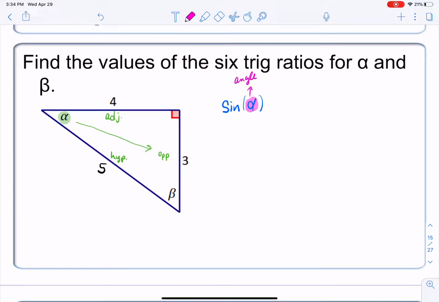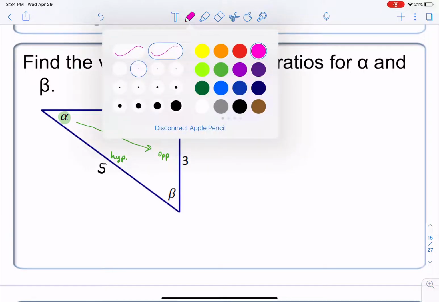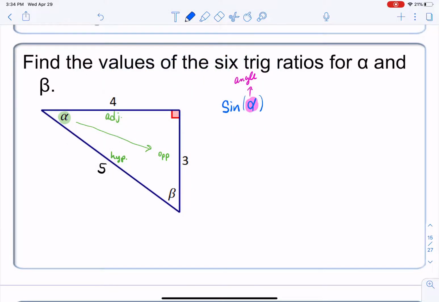Okay, so the sine is supposed to be what ratio now? Sine is opposite over hypotenuse. That is 3/5. Opposite side is our 3, our hypotenuse is our 5.